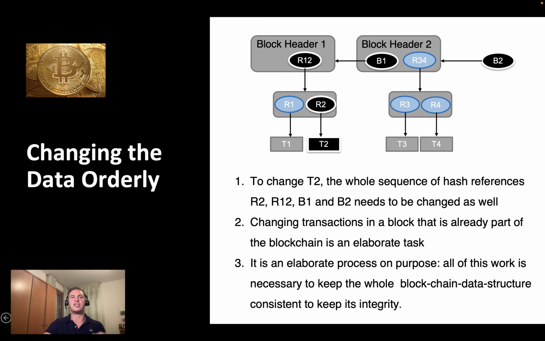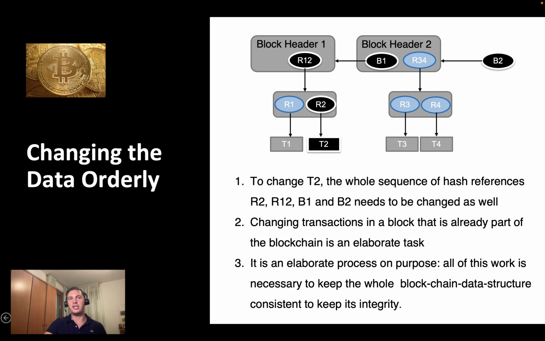It's like a chain, you have to change every single part of the chain. This is quite an elaborate task, and it is an elaborate process on purpose. It's done on purpose, and it's genius how it's done, because all of this work is necessary to keep the whole blockchain data structure consistent, to keep its integrity. It requires a lot of computational energy to change the blockchain.